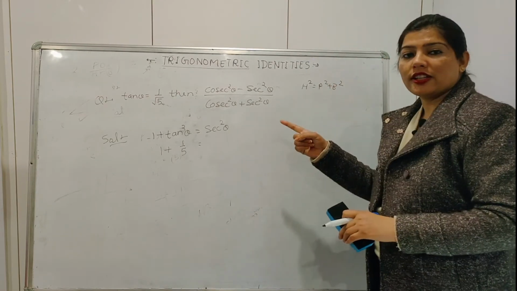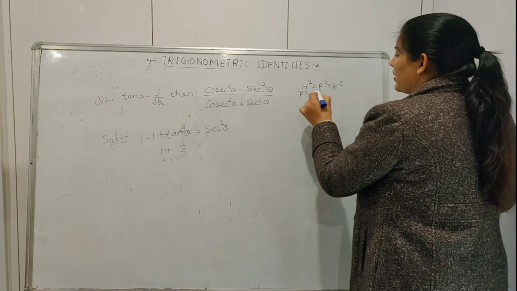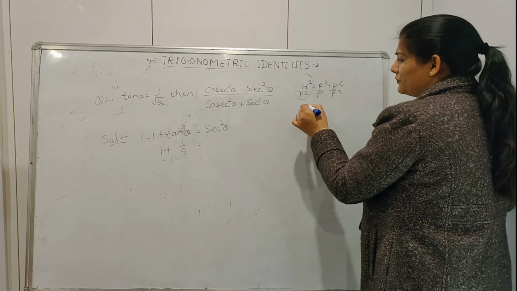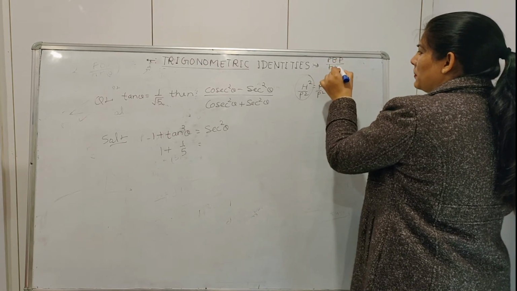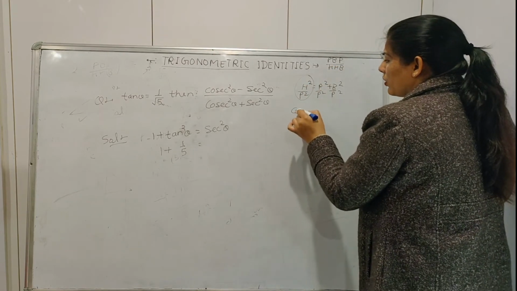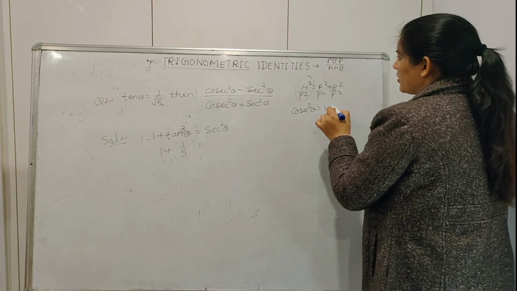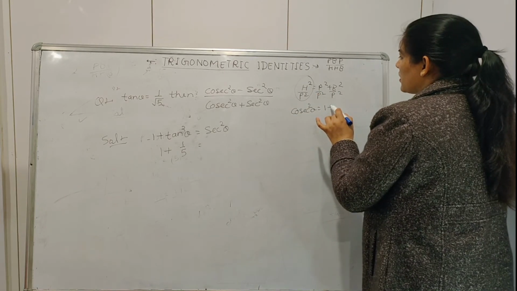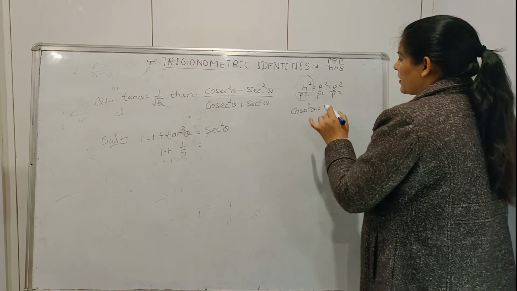You will divide the equation by p square on both sides. So p square divided by p square, b square divided by p square, it is equals to h square upon p square. So cosec square theta is equals to 1 plus cot square theta. Okay, this is the equation for cot square theta.